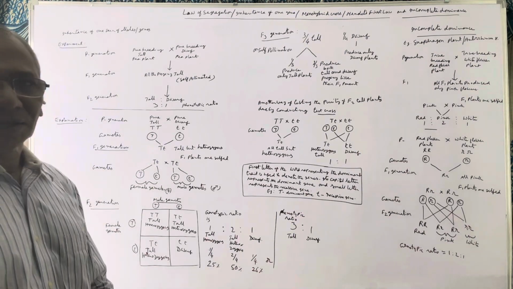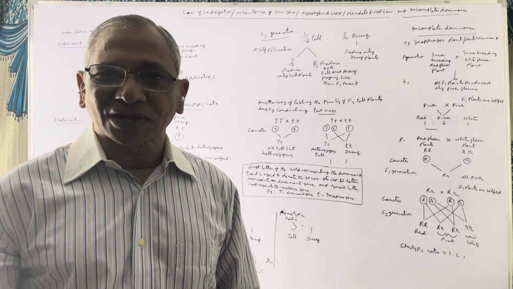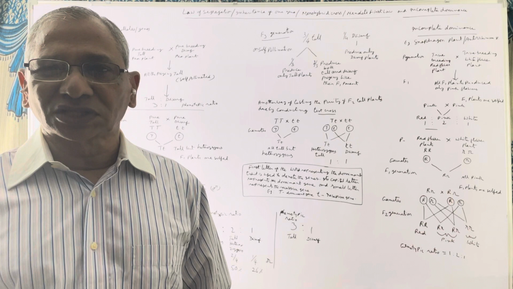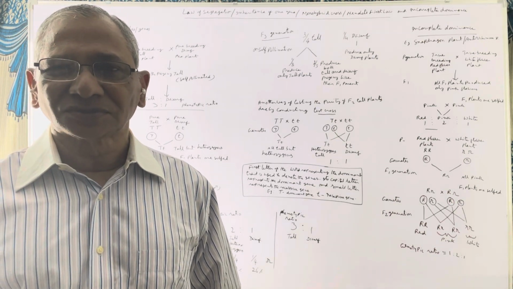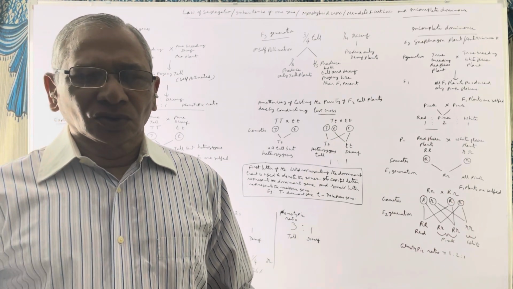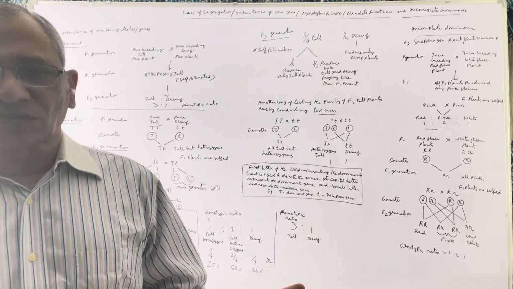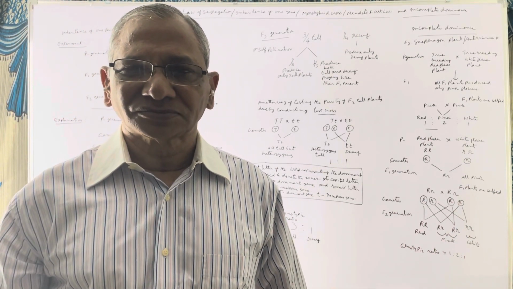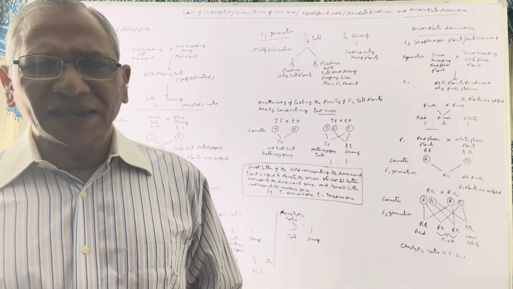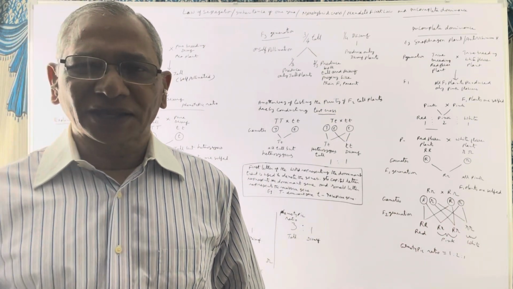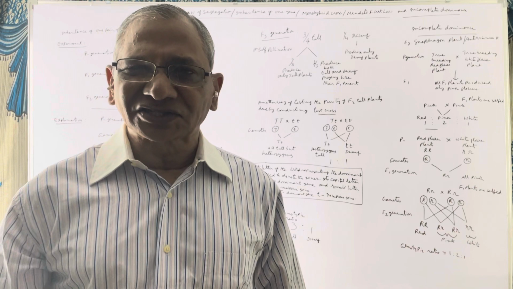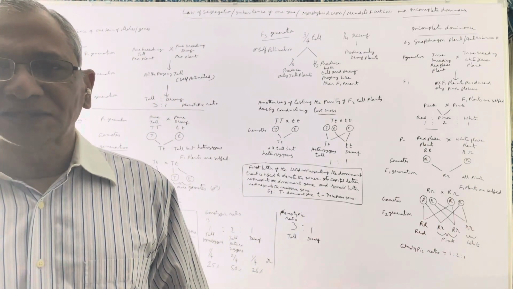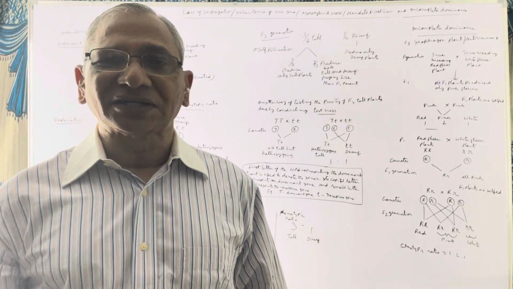Till then, remember, even chromosomes were not discovered, leave alone the genes or alleles. Chromosomes were discovered somewhere 30 years after his findings. Then he hypothesized that each character is controlled by two factors.